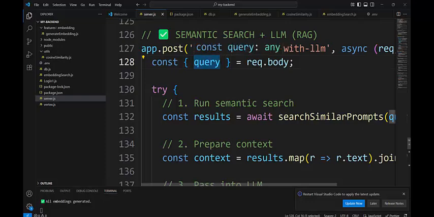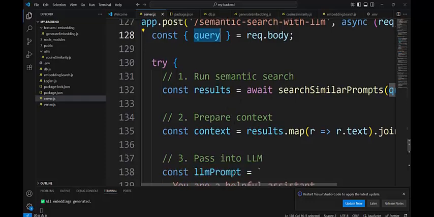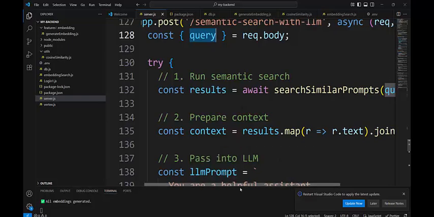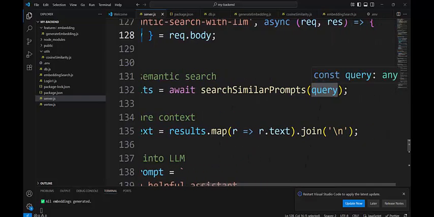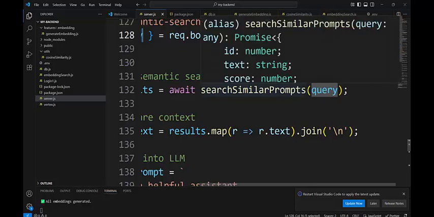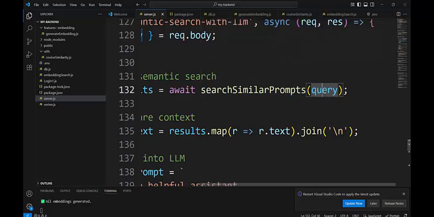It is the query, what we prompt, our prompt. That prompt goes like a query to search similar prompts. Here is a parameter, only one prompt.